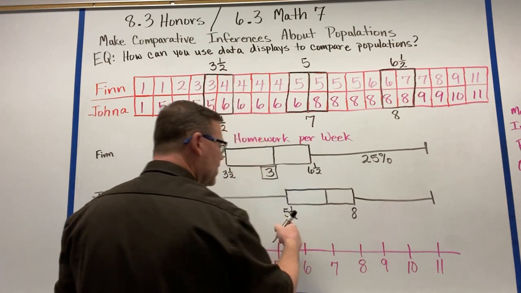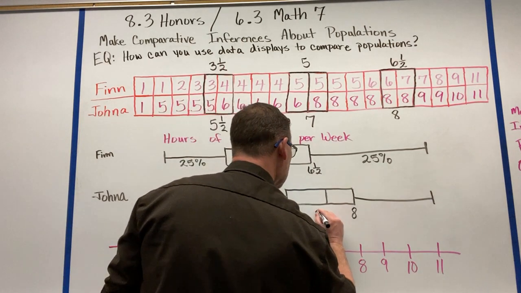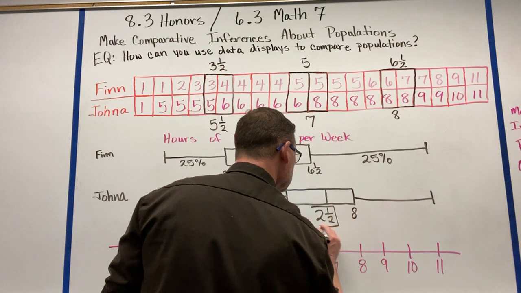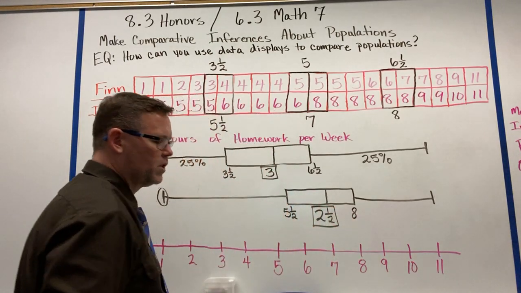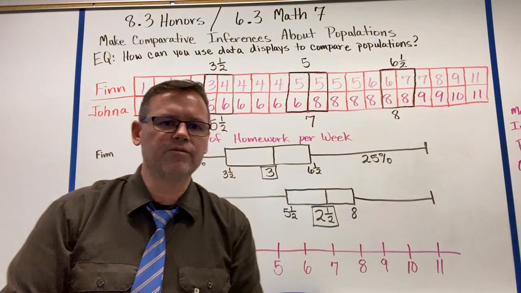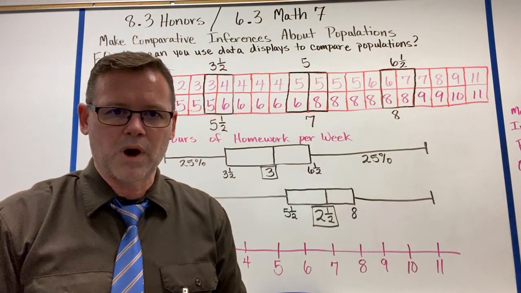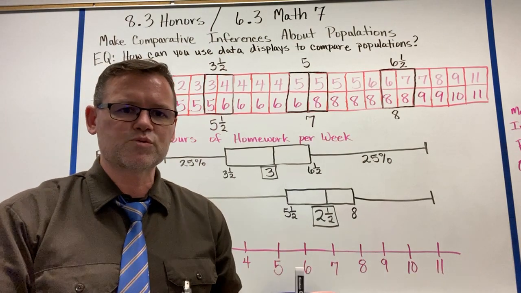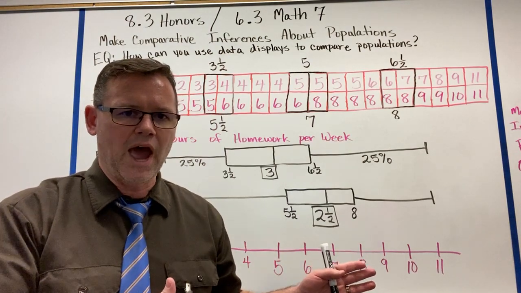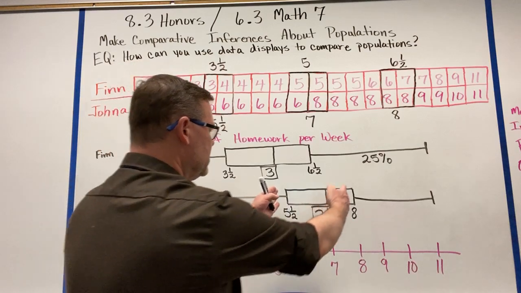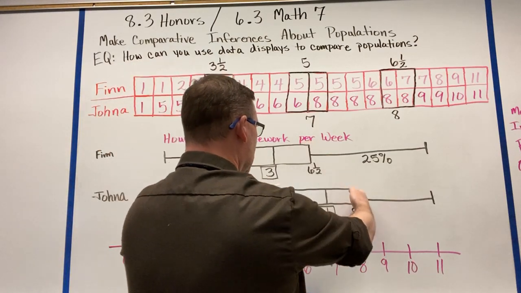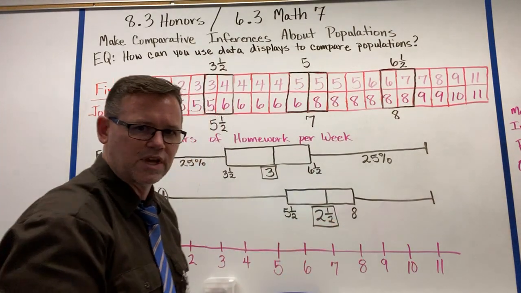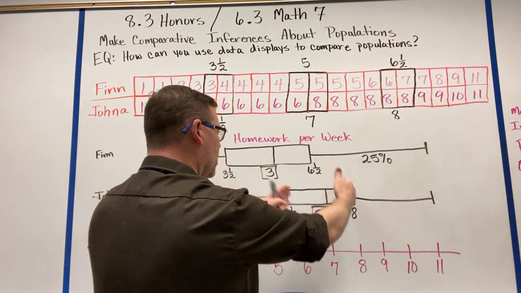If I subtract 5.5 from 8, I get 2.5, which is really close to 3. That means the variability of the middle 50% of the population is pretty close. That means the numbers we have and the graphing we did are pretty accurate. If you look at this, these are pretty close to the same in size. That's what the variability is representing: how different they are in size.